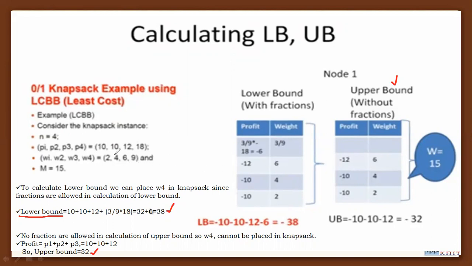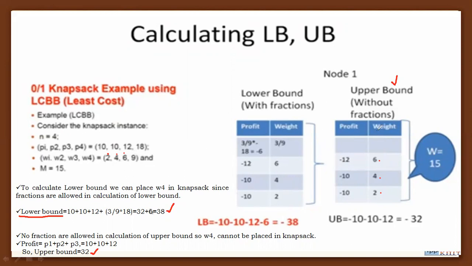If I place the first item, the weight is 2. When I place the second item, the weight is 4. When I place the third item, the weight is 6. So if I place the first, second and third items, the total weight is 6 plus 4 plus 2, which is 12. What is the maximum weight of the knapsack? 15. So I have the possibility to place another item also.